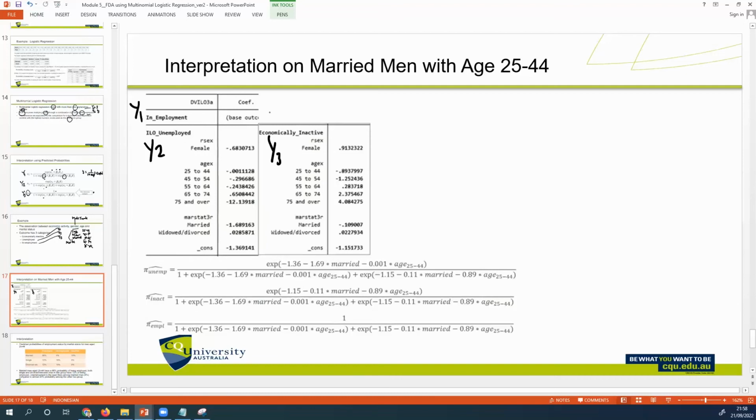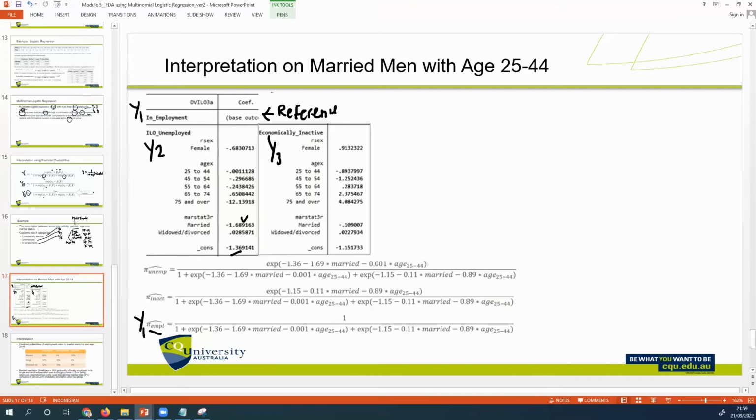Since Y1 is the base or the reference, the calculation will be like this. The probability of Y1 is equal to 1 divided by 1 plus exponential of minus 1.36 constant, minus 1.69 of married, minus 0.001 times age 25 to 44.